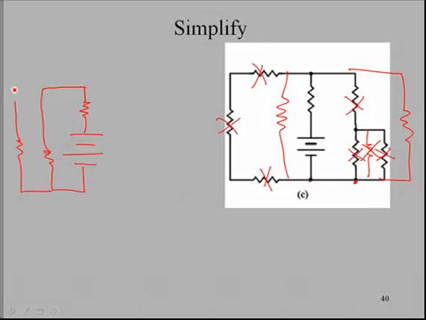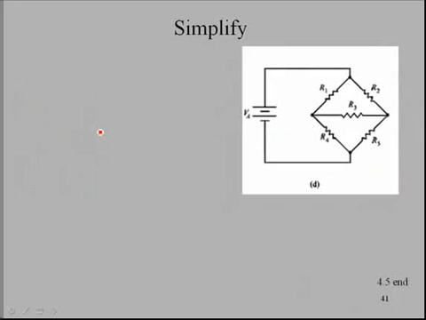It'd make it a little easier to see that it is in fact in parallel, and these 2 are in parallel, so we could replace that with a single component. And so now we have the power supply in series with these 2. We could add those together, and then we have reduced this to a power supply and one component.